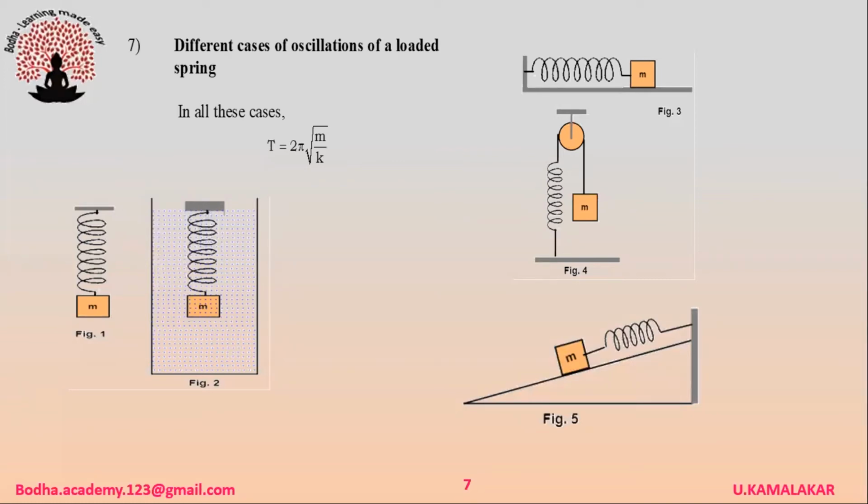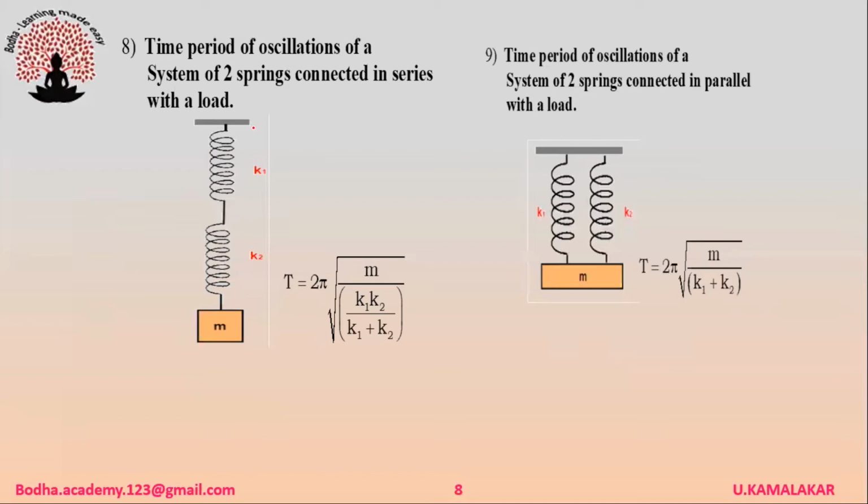Consider different cases of oscillations of a loaded spring as shown in figure 1, figure 2, figure 3, figure 4, and figure 5. In all these cases, the time period of oscillation of the loaded spring is given as T equals 2 pi into under root m by K. The time period of oscillations of a system of two springs connected in series with a load is given as T equals 2 pi into under root m by (K1 K2 divided by K1 plus K2).